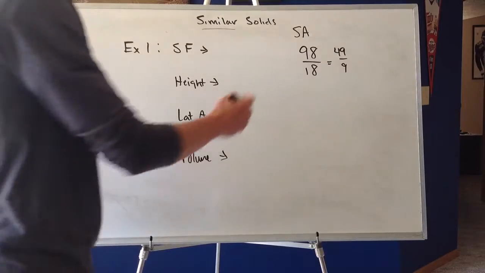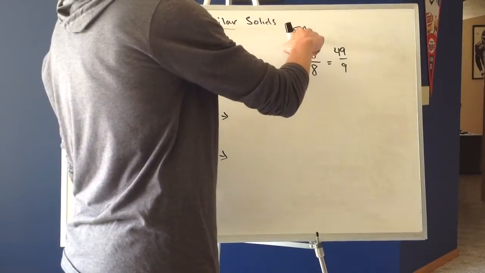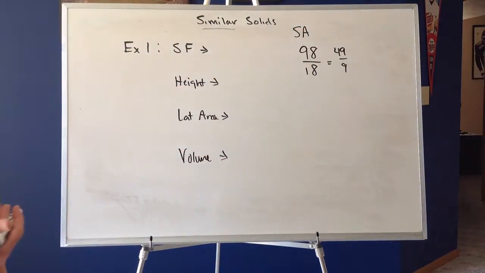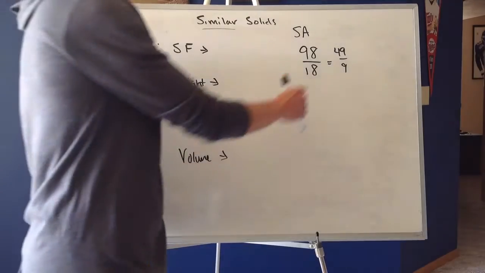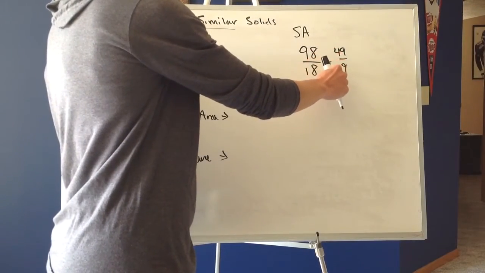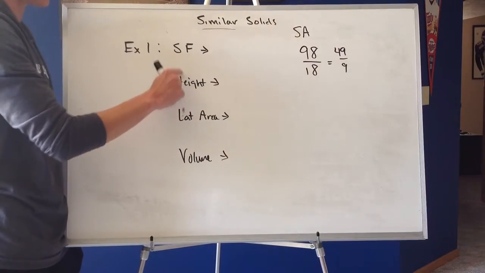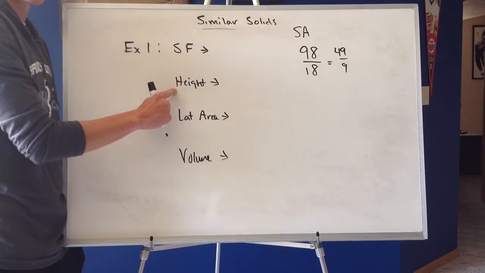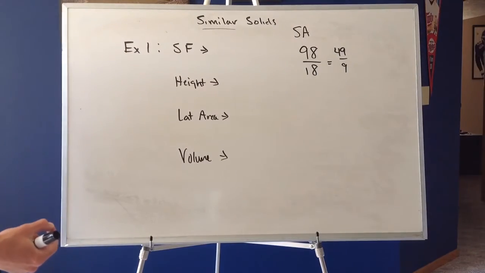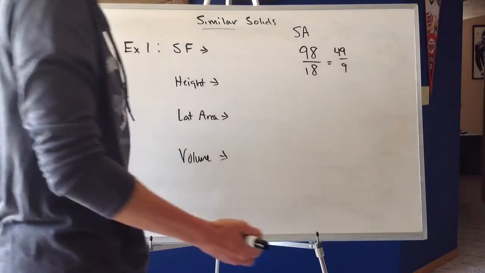Now, I'm dealing with area. If I think about that, area is 2-dimensional, which means these are already squared. To get back to one-dimensional, which I need for scale factor and for height, I have to unsquare them. Unsquaring them is essentially taking the square root.